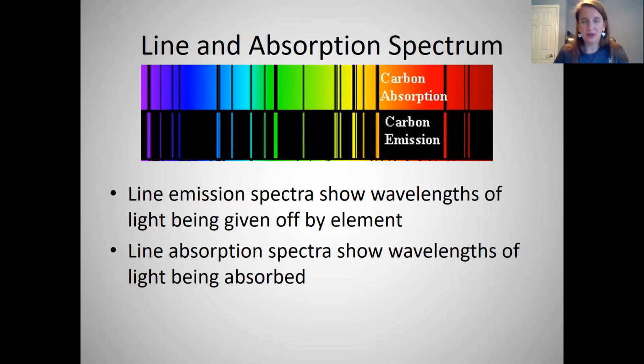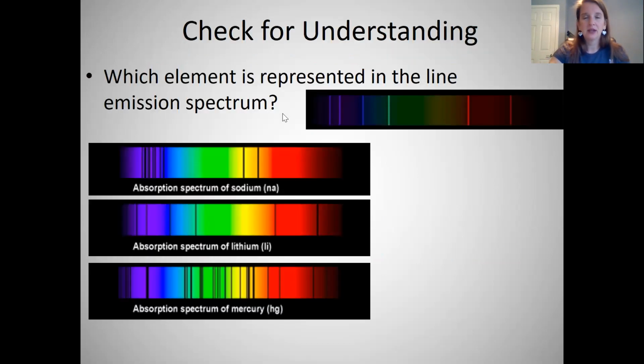Whereas emission means to give off, emit. So those colors down here correspond with the wavelengths of light that the electron is giving off. Notice that these are opposite. Whatever energy of light the atom is taking in has to be the same as the energy of light it's releasing and giving off.